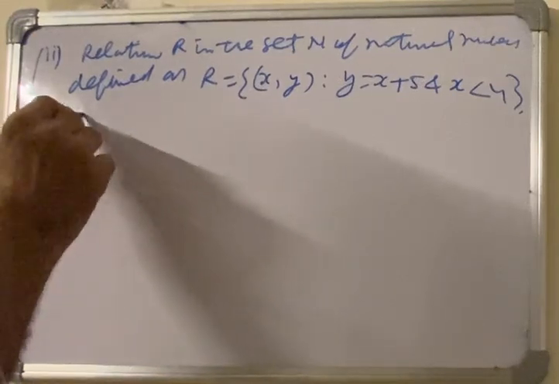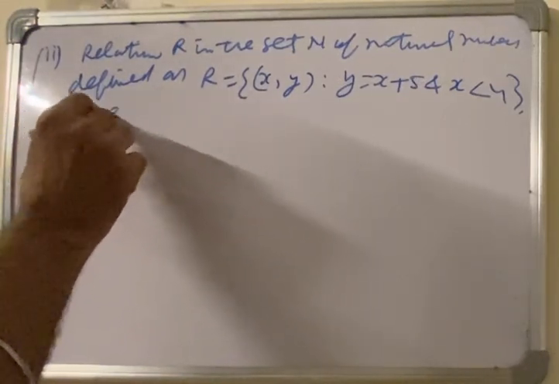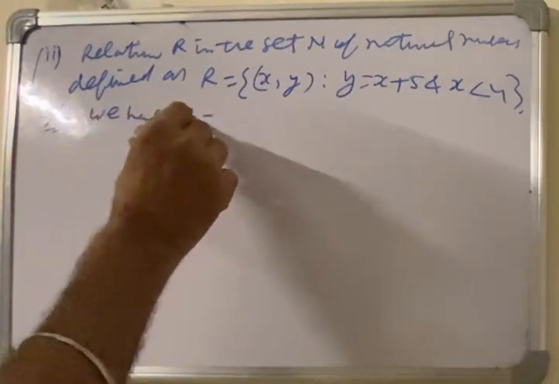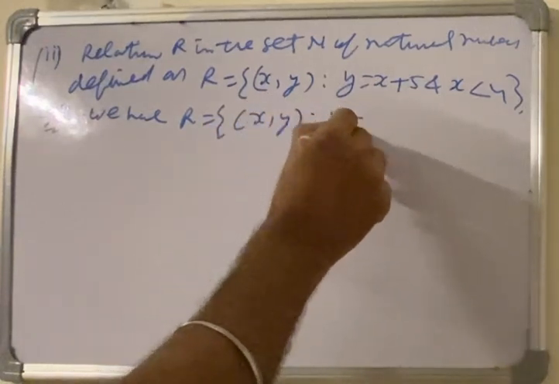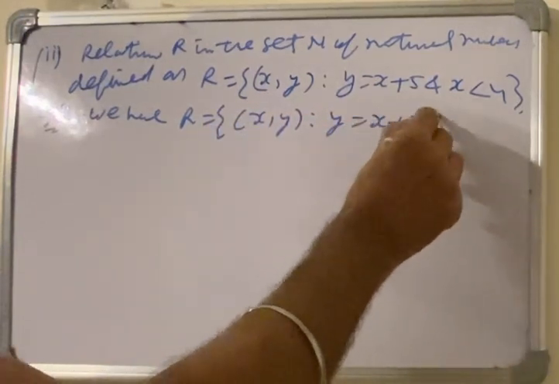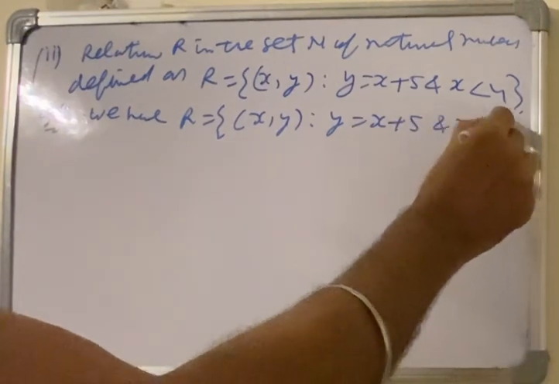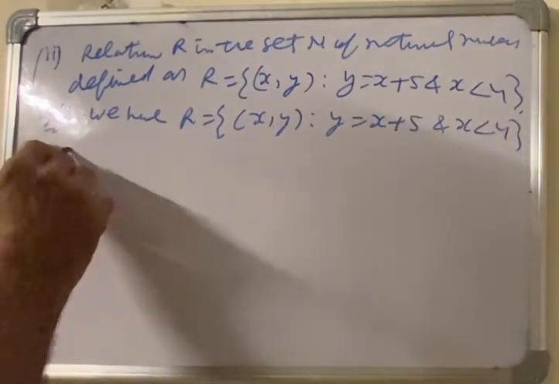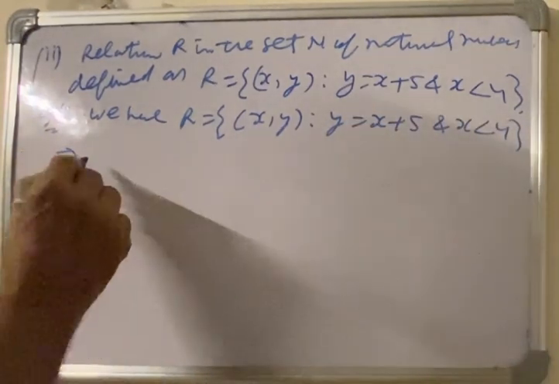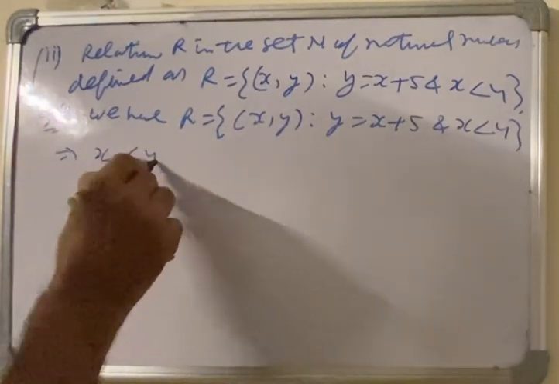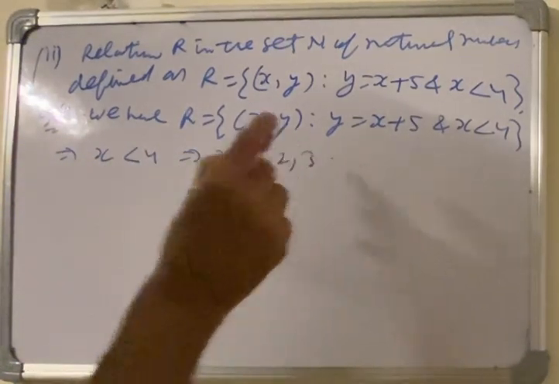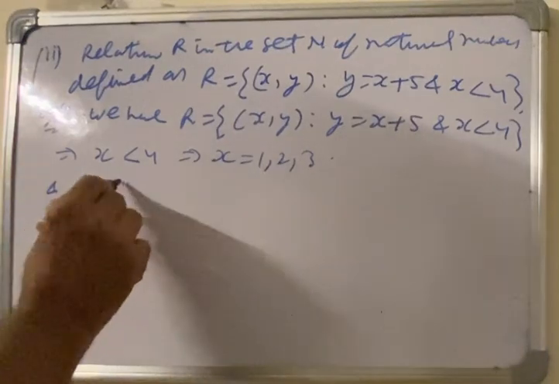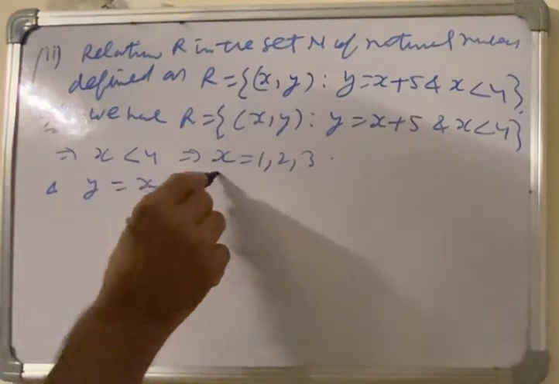Solution: we have R equal to {(x, y) such that y is equal to x plus 5 and x is less than 4}. This implies x less than 4 means x is equal to 1, 2, 3. And we have y equal to x plus 5.